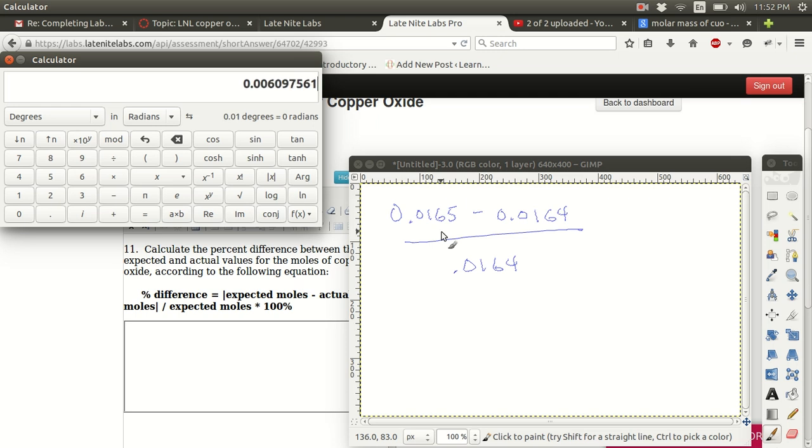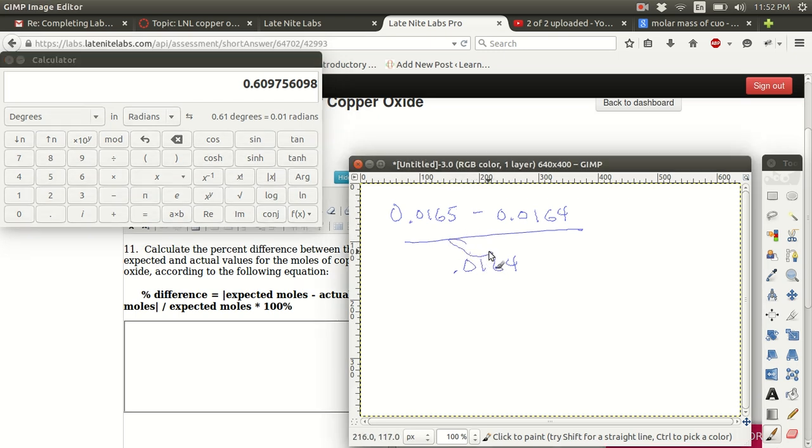So my percent error is this times 100%, 0.6097. So this is going to be 0.6% difference.